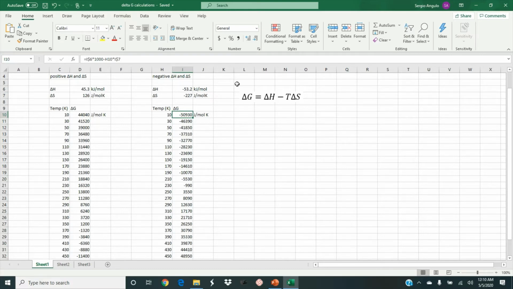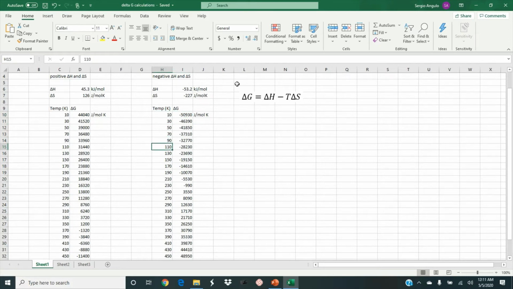It's negative, so it's spontaneous, as opposed to over here, where our delta H and delta S were positive and at 10 degrees Kelvin my delta G was positive, so it's not spontaneous. But here at 10 degrees Kelvin, because the signs are the opposite, it's negative, and so therefore my reaction is spontaneous.